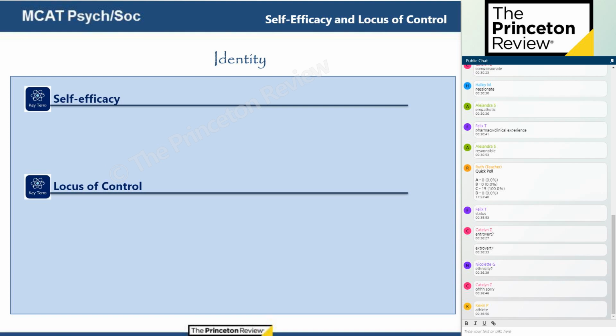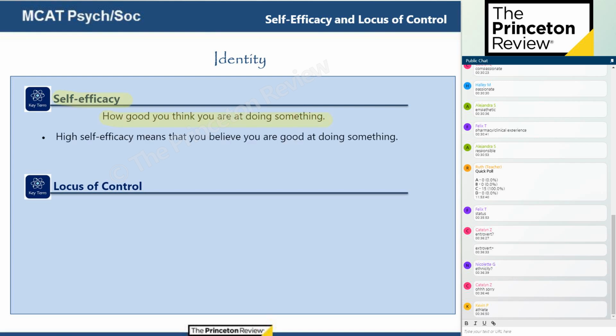The concept of self-efficacy. This is how good you think you are at something. This is an Albert Bandura idea. When you have high self-efficacy, that means you think you're really good at doing something.